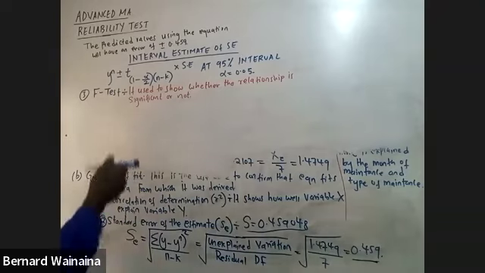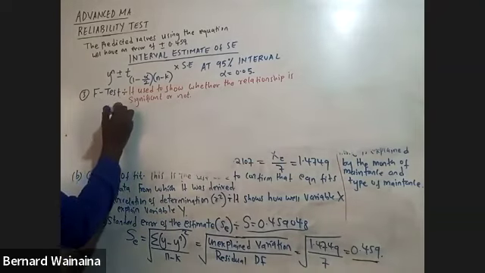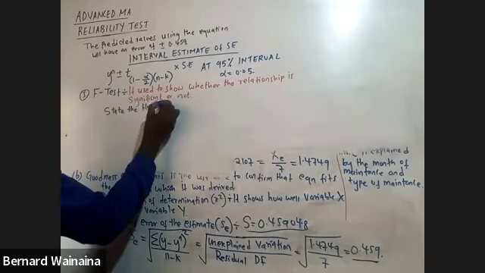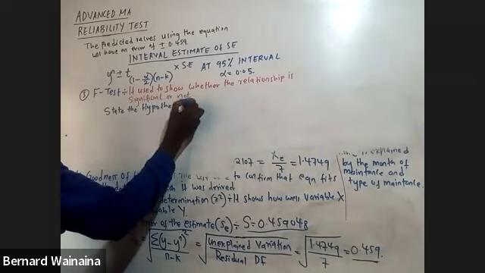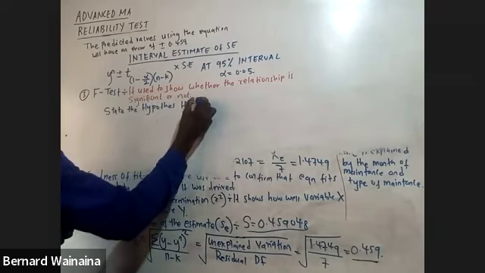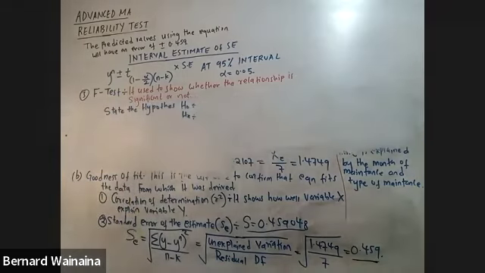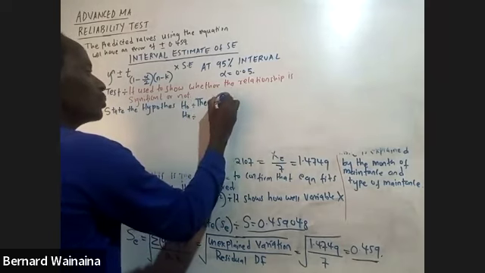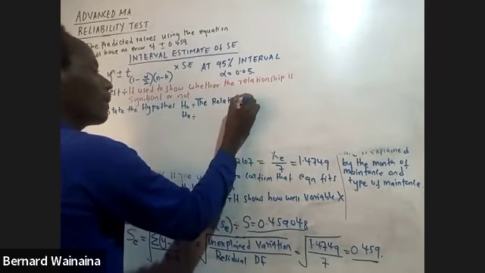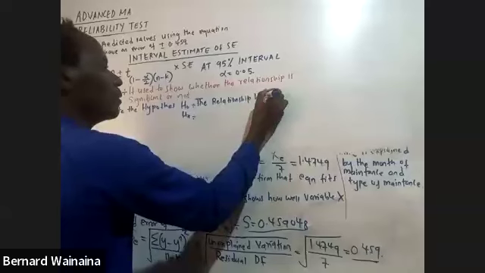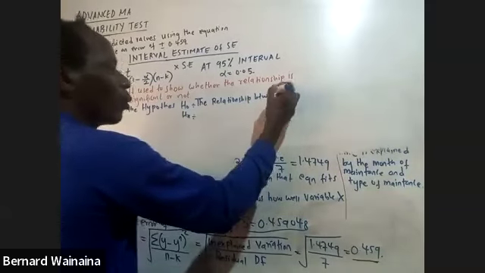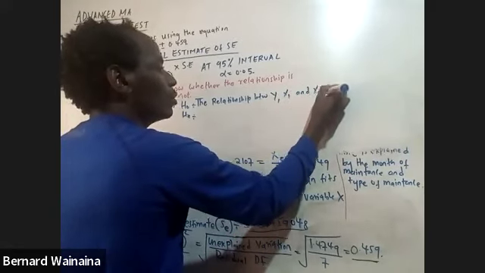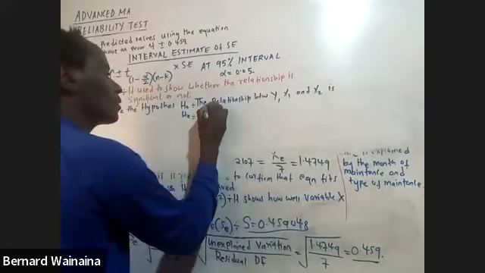Step number 1, we state the hypothesis. So we have H0 and HA. Now what are our variables? The null: the relationship between Y, X1 and X2 is not significant.